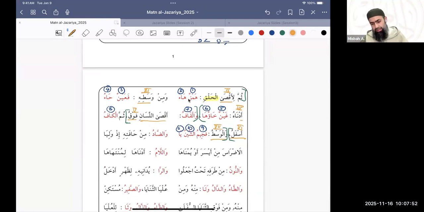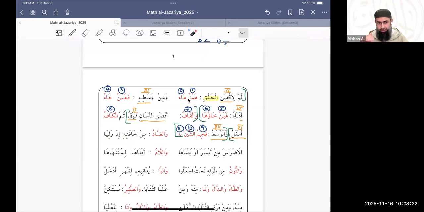And now we are at the next section, which is dad. Dad is coming from where? The Imam says, min hafatihi. He's telling you very specifically where it's coming from. Hafatihi, the ha here refers to the tongue. Hafatul lisan is the edge of the tongue.